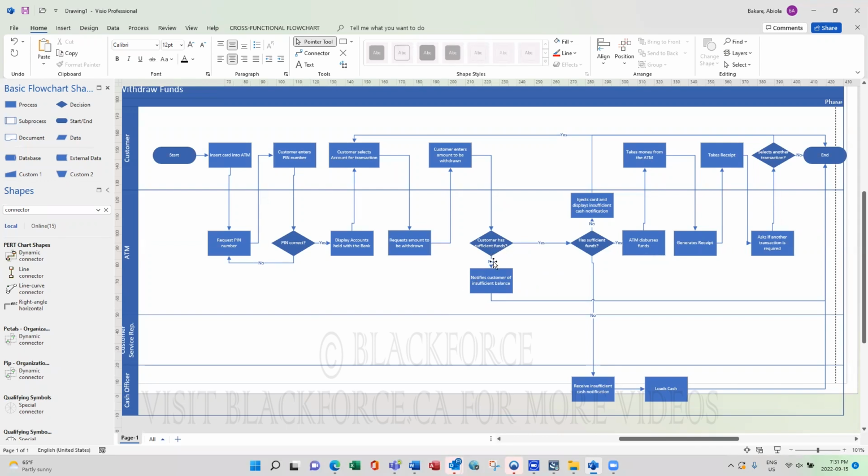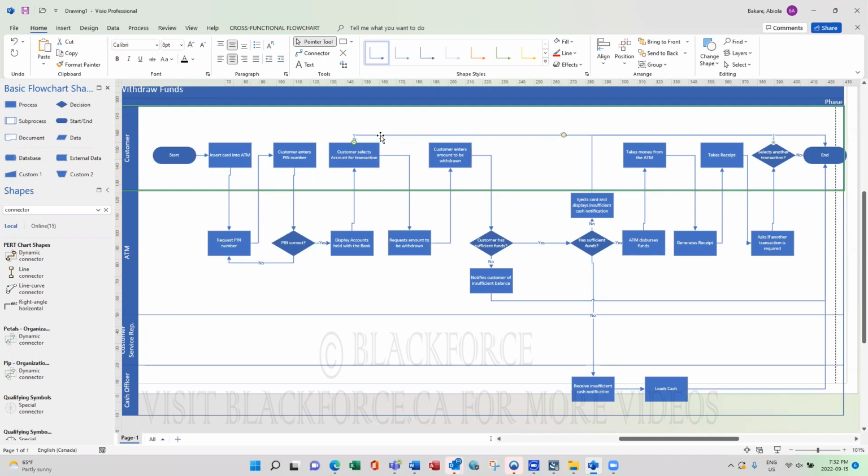If customer has insufficient funds, ATM notifies customer of this insufficient balance and it ends. Okay, if customer has sufficient funds, ATM checks if the ATM itself has sufficient funds. If it's a no, ATM ejects the card and that ends the process. Something isn't right here.